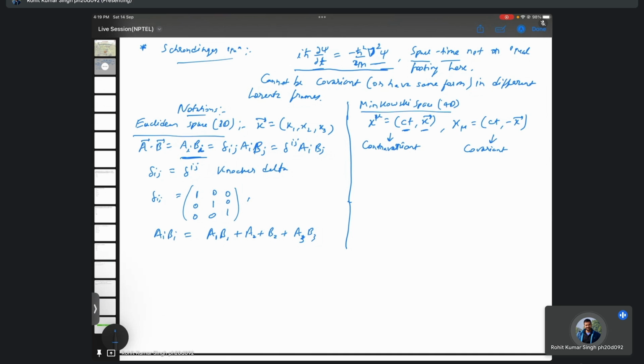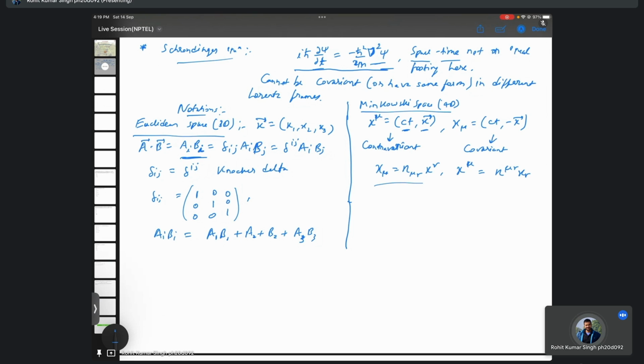They are related to each other by this relation. Going from covariant to contravariant we do this, and going from contravariant to covariant we do this.